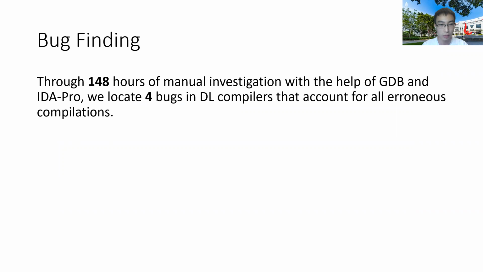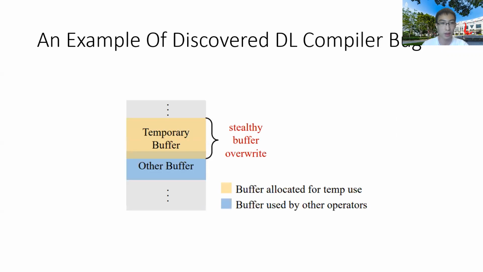Furthermore, we used 148 hours to investigate the root causes of those failure cases. With the help of GDB and IDA-Pro, we located 4 bugs in the deep learning compilers that account for all erroneous compilations. Here's an example of our discovered deep learning compiler bug.